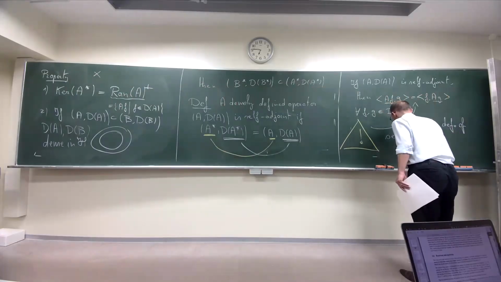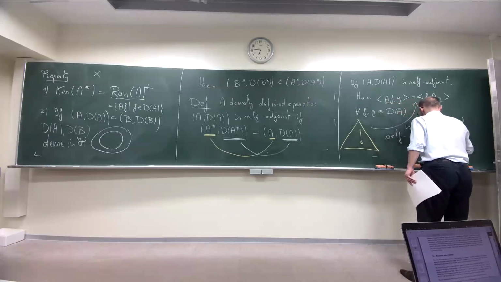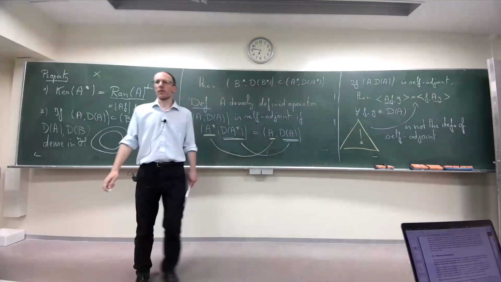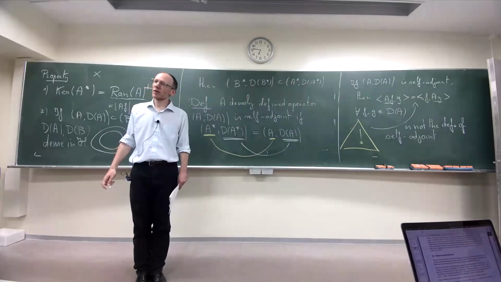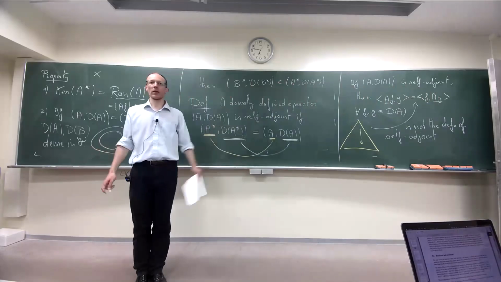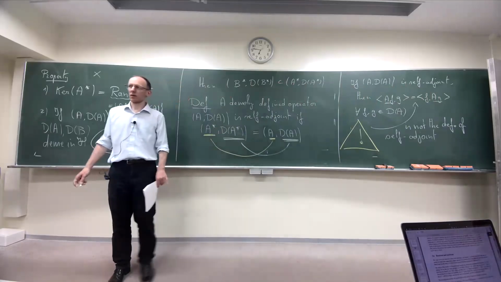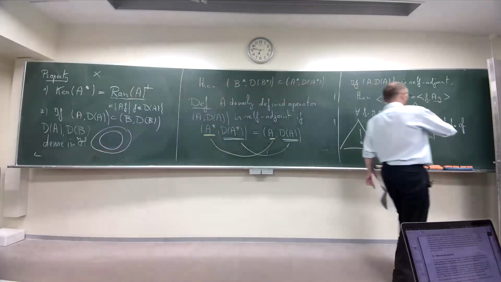And this is a common mistake. This is not the definition of a self-adjoint operator. Why? Because it doesn't say anything about the domain of the adjoint. It tells you that you have such an equality, but it doesn't tell you anything about the adjoint. So it's not a definition of a self-adjoint operator.